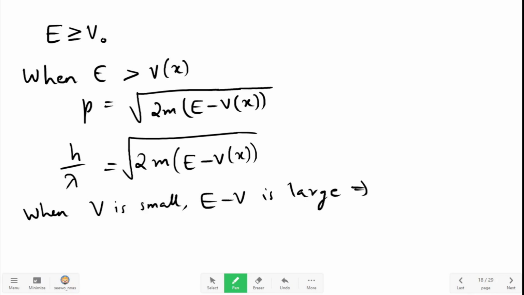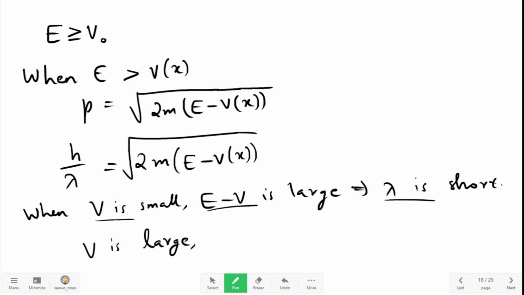This implies lambda is short, lambda is small. And when V is large, E minus V is small. This implies lambda is large, lambda is long.